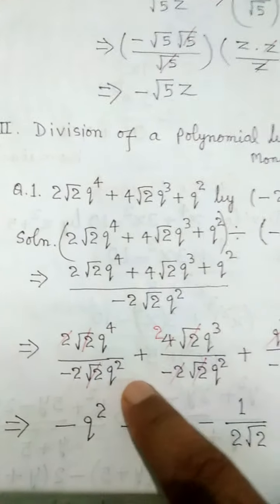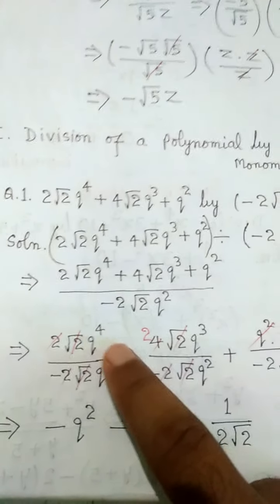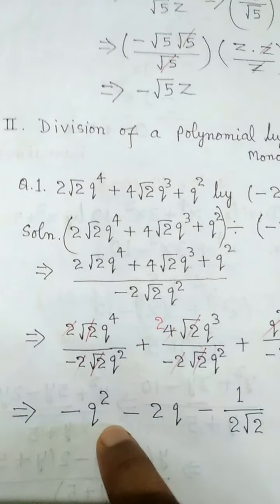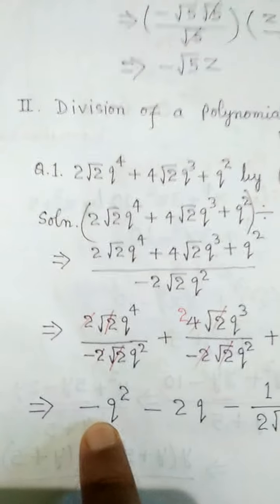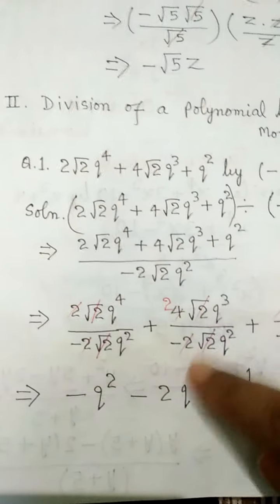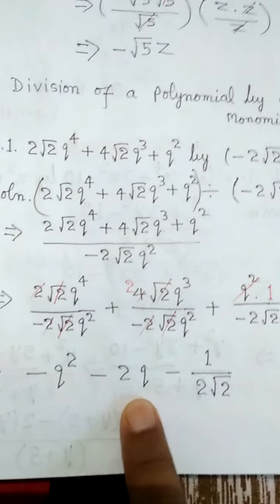q to the power 4 divided by q square. q to the power 4 minus 2, that is q to the power 2 only. Minus is here, so it is here. Here common factors are cancelled. We get minus 2q.